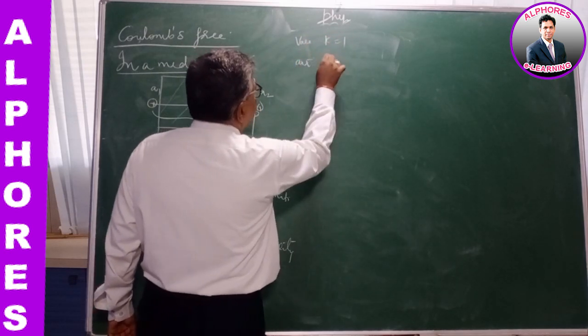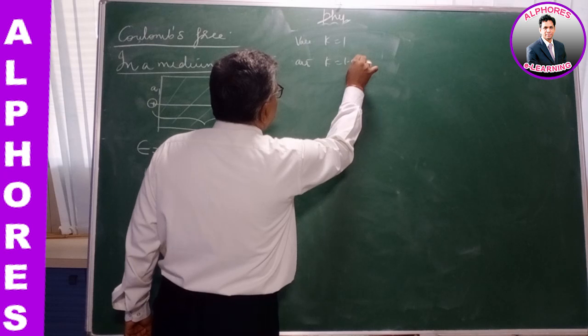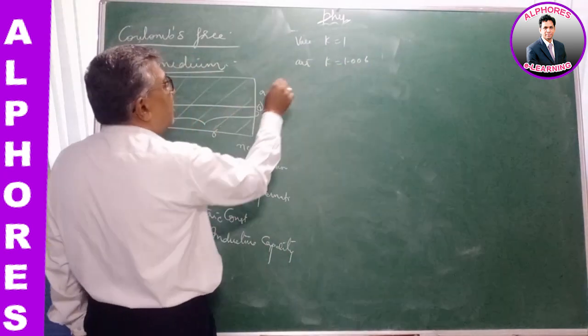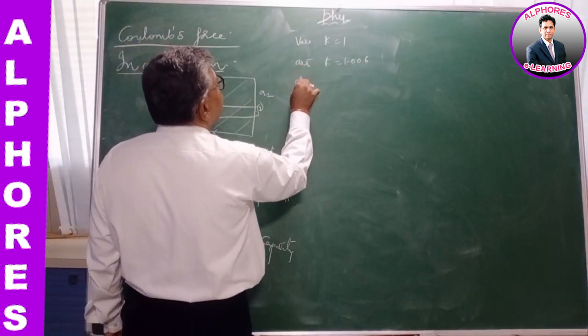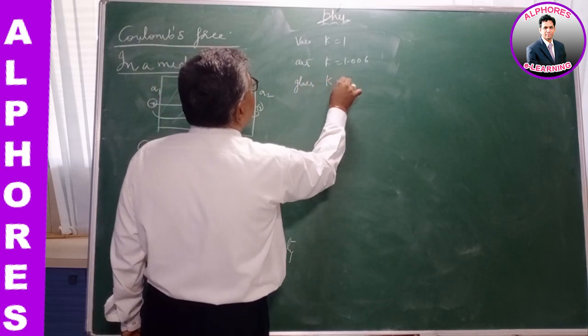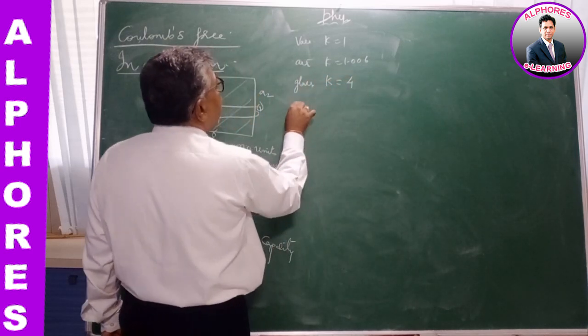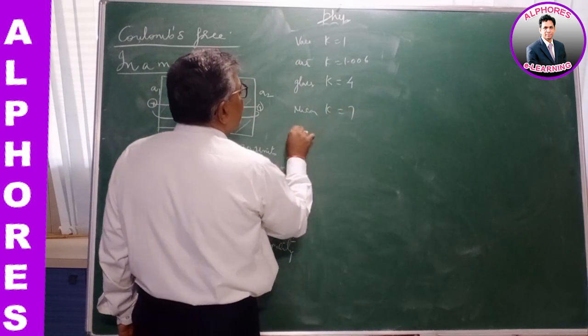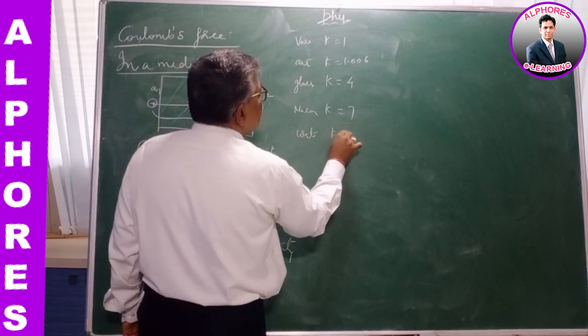For air, K is 1.006. For glass, K is 4. For mica, K is 7. For water, K is 81, and so on.